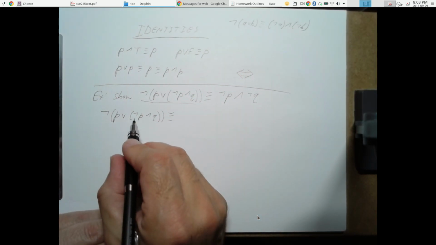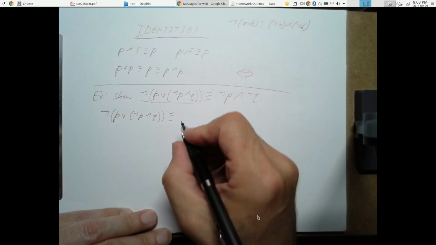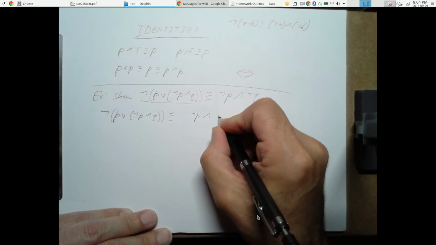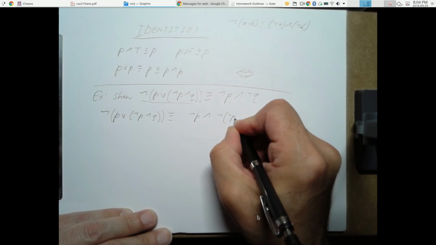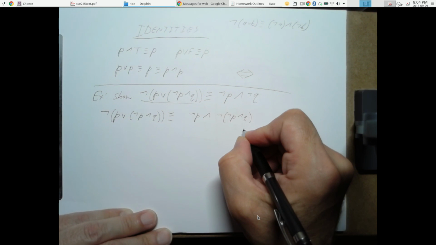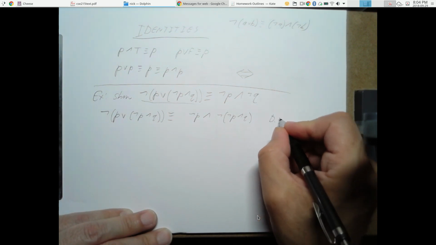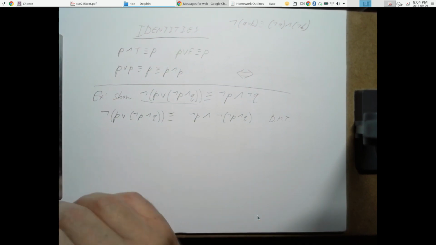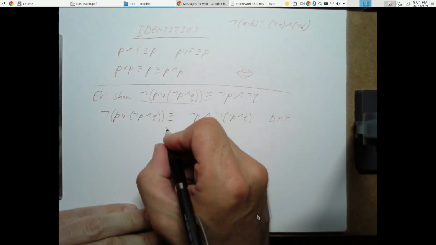A is this first thing, B is this thing. So I'm just going to apply De Morgan's theorem and say this is equivalent to not P ANDed with the negation of that second term. And my reason for that is De Morgan's theorem. I would write that out on a test, but DMT for De Morgan's theorem.